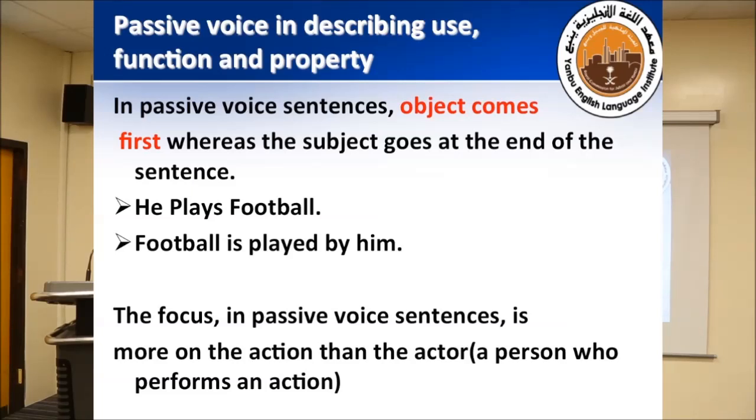He plays football. Football is played by him. He teaches English. English is taught by him. In passive voice sentences, the focus is on the action, not on the actor, the subject who performs the action.